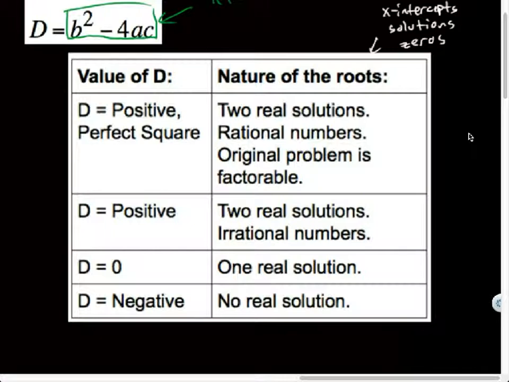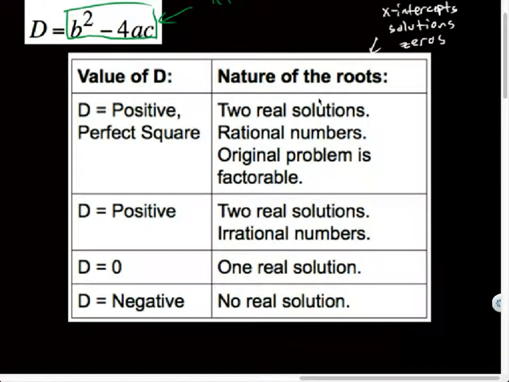Okay. So if D is positive, the square root of a positive number gives two numbers. The square root of 4 is both 2 and negative 2. The square root of 16 is both 4 and negative 4. So the square root of a positive number is going to give me two real solutions. That plus or minus is going to have that effect on us.